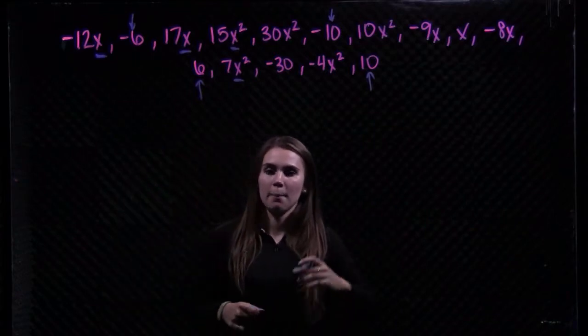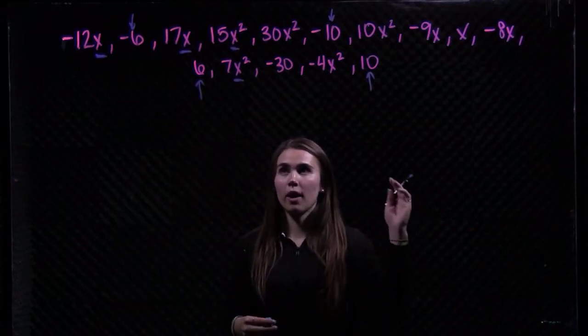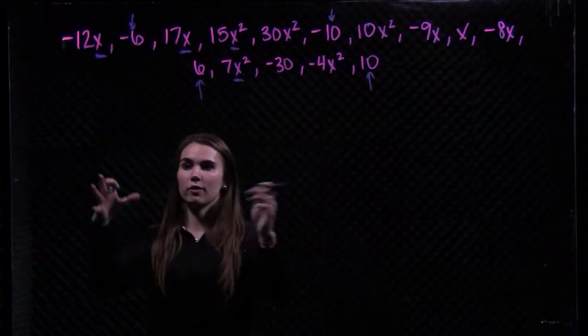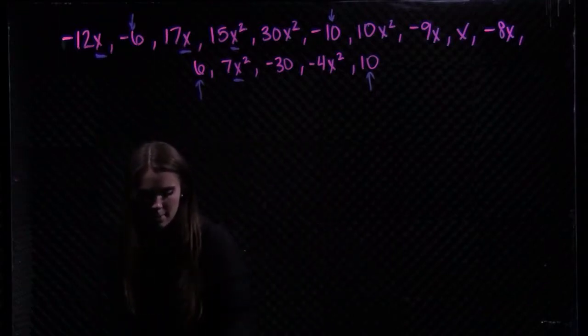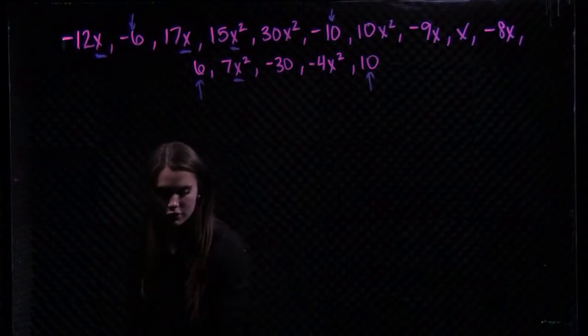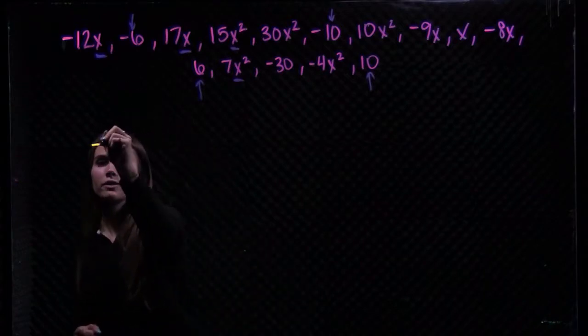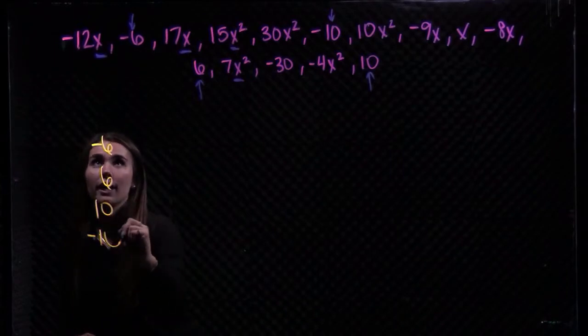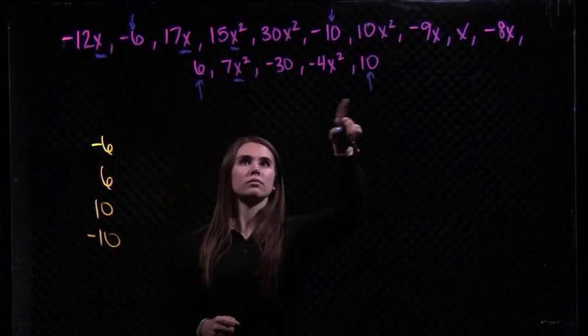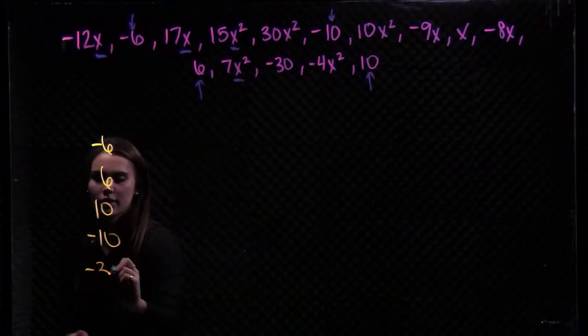And then I saw some of you took it even further and made kind of like 3 separate groups. One of them having just your integers, so like your -6, your +6, your 10, and -10. And then your 30, -30.